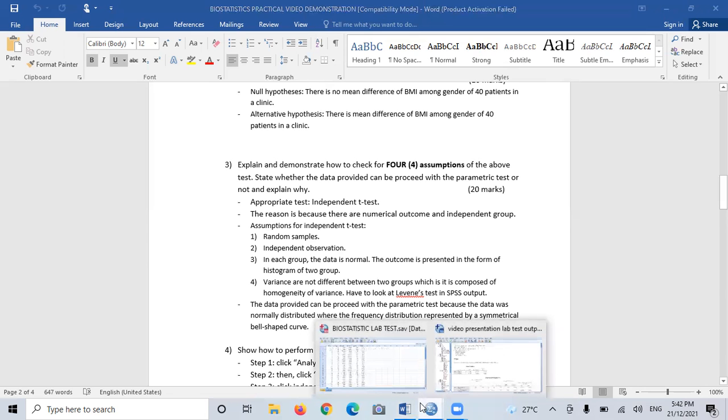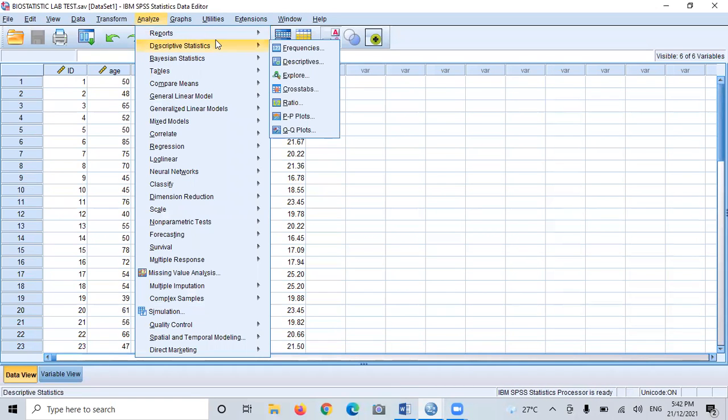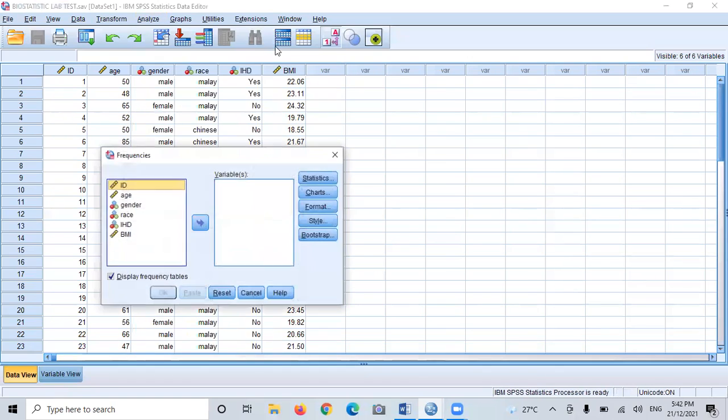So we go to SPSS. We have ID, age, gender, race, and IHD, and also the BMI. We go to Analyze, go to Descriptive Statistics and choose Frequencies. We put the BMI as a variable and click Statistics.